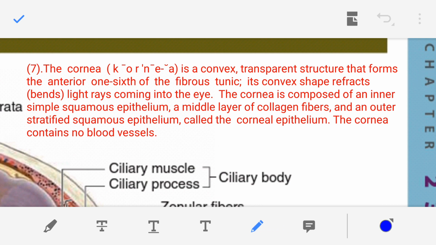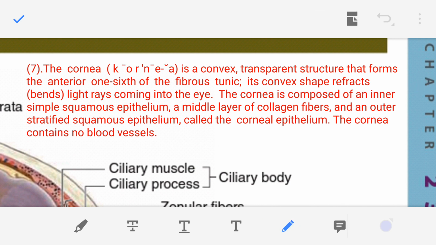As the cornea is convex in shape, it refracts the light rays that fall on it, bending them and sending them into the eye.